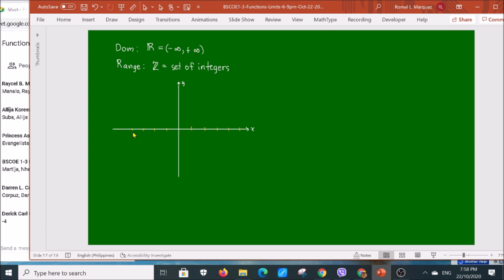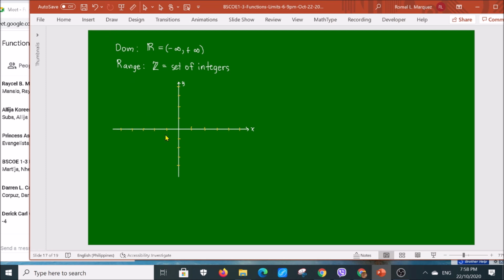Here, 1, 2, 3, 4, and negative 1. So actually these are negatives: 2, 3, 4.